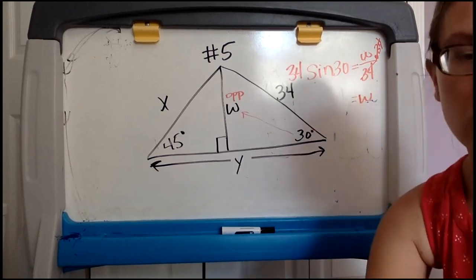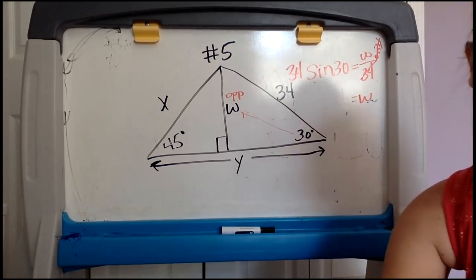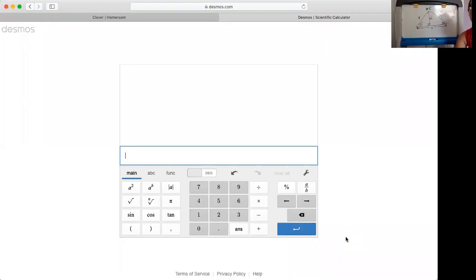Let me show you how to do that in a calculator. So here's that online calculator I told you about a while ago. This is the Desmos scientific calculator. So if you don't have a calculator at home, this is what I recommend you use, or any online calculator, honestly. So what we're gonna do, we're gonna type in 34.